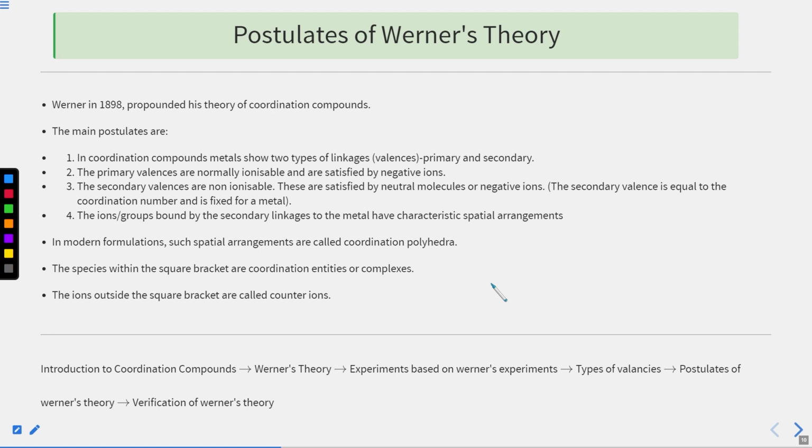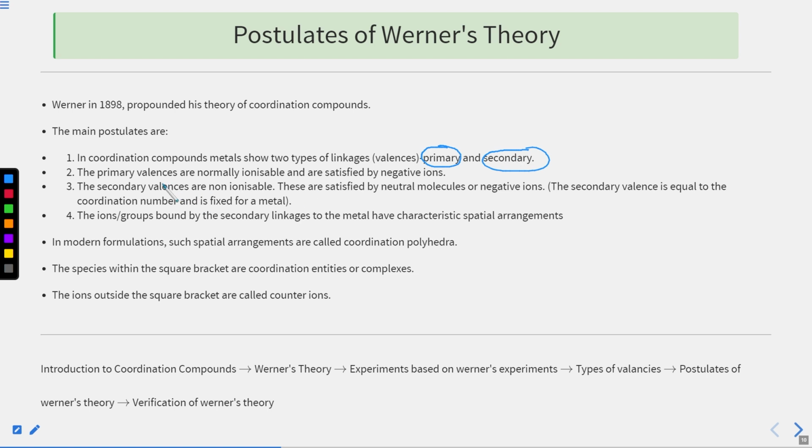The postulates were that in a coordination compound, the transition metal ion shows two types of linkages. So they are linked to two types of valencies. First one is primary. Primary are ionizable and they are satisfied by negative ions. Second one is secondary. They are non-ionizable and they can be satisfied by positive, negative, or neutral, all of these three.